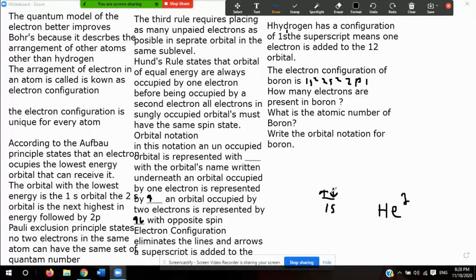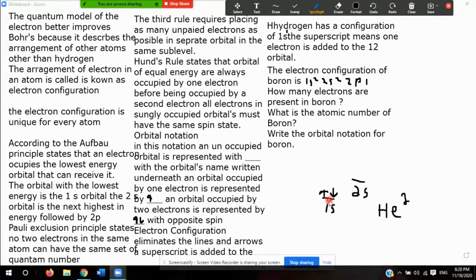And the rule also states that if I want to go to the 2s orbital, the first one has to be fully occupied. So if, let's say, helium had a different number of electrons, say 3 or 4 electrons, although that's not the case, but just for argument's sake, then in order for me to go from the 1s orbital to the 2s orbital, the 1s sublevel has to be fully occupied.